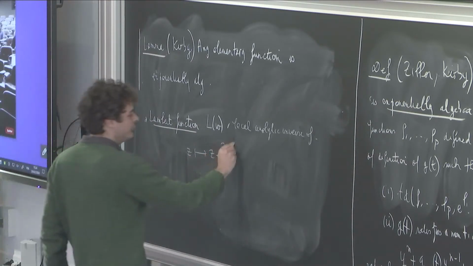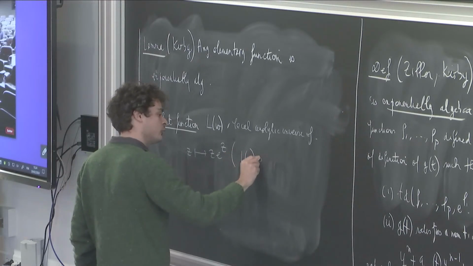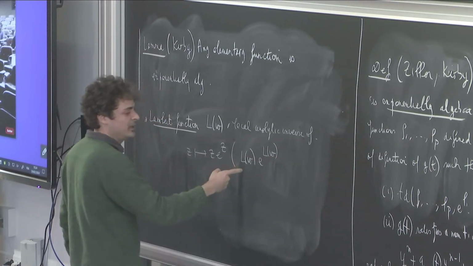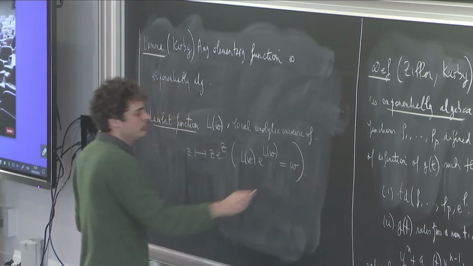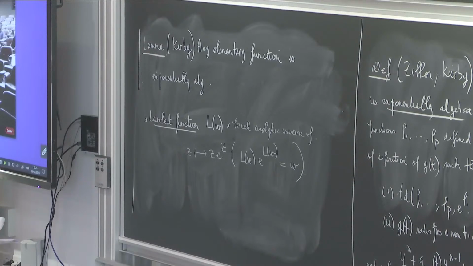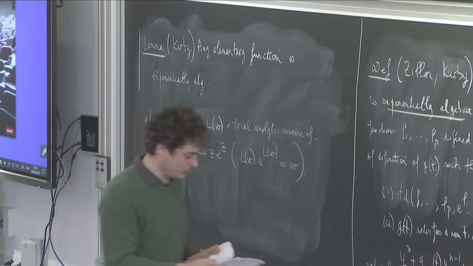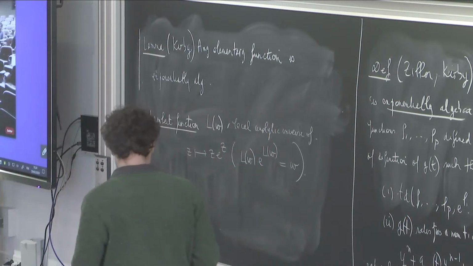Okay, so in other words, this is the solution of the functional equation L of W times e to the power L of W is equal to W. Okay, and again, it's not hard to see that this function is exponentially algebraic.